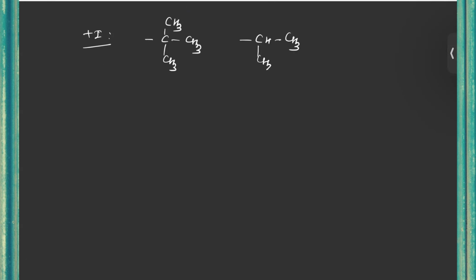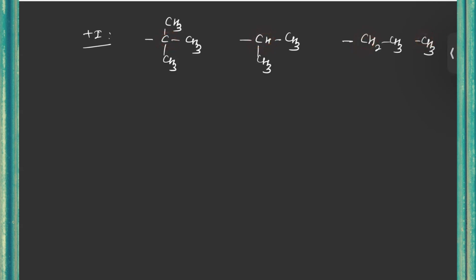But the point is, what about when you are having two plus I groups? Then we need to compare the strength of plus I groups. So CH3, CH3, CH, CH3, CH3, and then CH2, CH3, and then CH3.